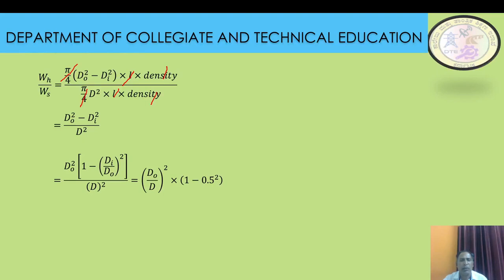And as the external diameter is equal to the diameter of the solid shaft, dO by d is 1. Therefore 1 minus 0.5 square, and so WH by WS is 0.75. Therefore the weight of the hollow shaft is 0.75 times the weight of the solid shaft.